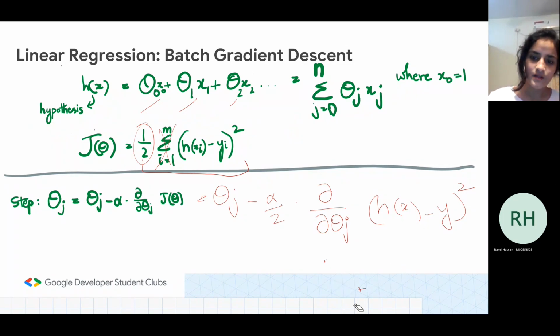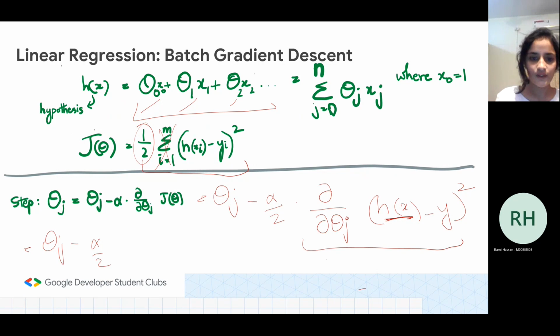Okay, so here h of x, we're going to open up into this equation over here. And there's a square outside, so let's differentiate that. Equal to theta j minus alpha by 2, and then here's the derivative term, right? I'll first differentiate it, which is 2 into this h of x minus y.